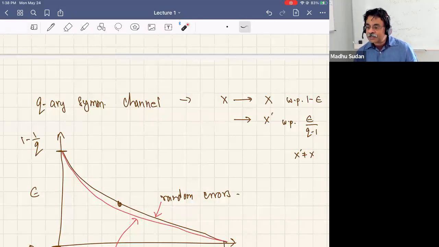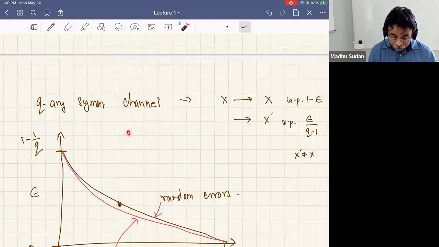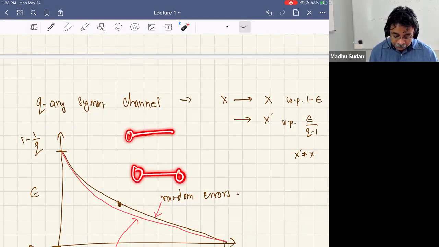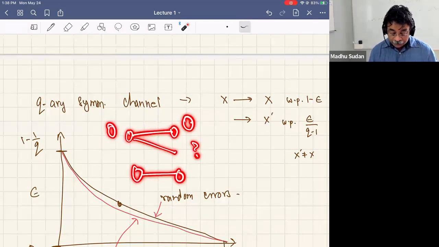Rani is asking, is list decoding of an erasure channel easier? An erasure channel is a beautiful one also. For example, a binary erasure channel: if you transmit a 0, you always get a 0, though with some probability you might get an explicit question mark saying, I don't know what it is there. When you transmit a 1, again, you get a 1, but with some probability you get an explicit question mark.